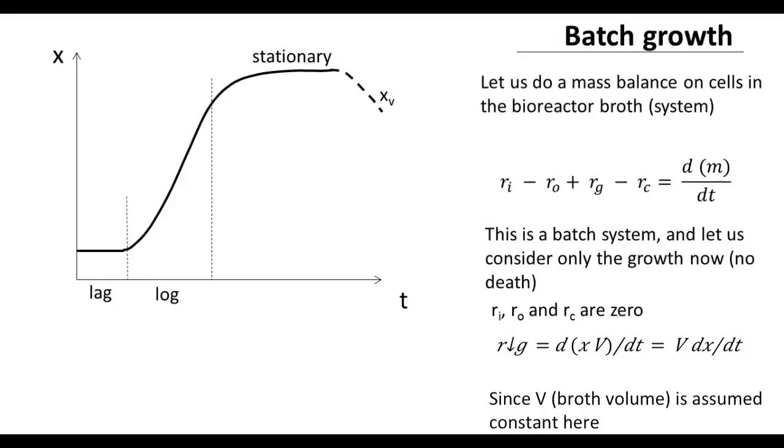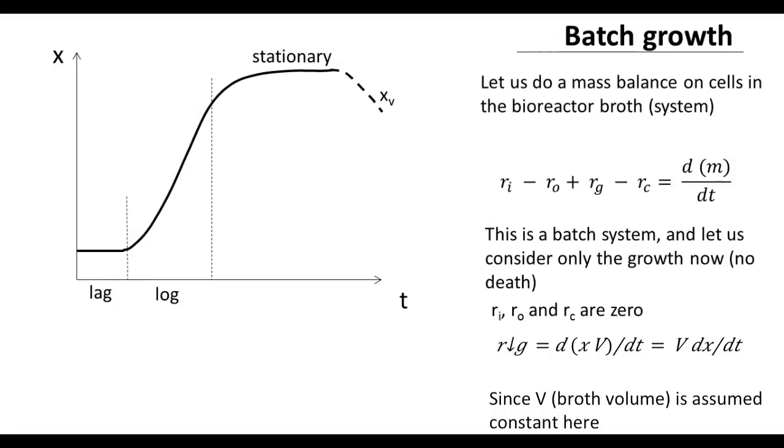So Rg on a mass basis is d/dt of m, which can be written as x times V. Cell concentration is mass of cells per unit volume times the volume of the system or the broth, that would be m. And in the case of batch growth, there is no change in the volume of the batch. There's no addition, there's no depletion or taking away things from the batch, and therefore volume remains constant.